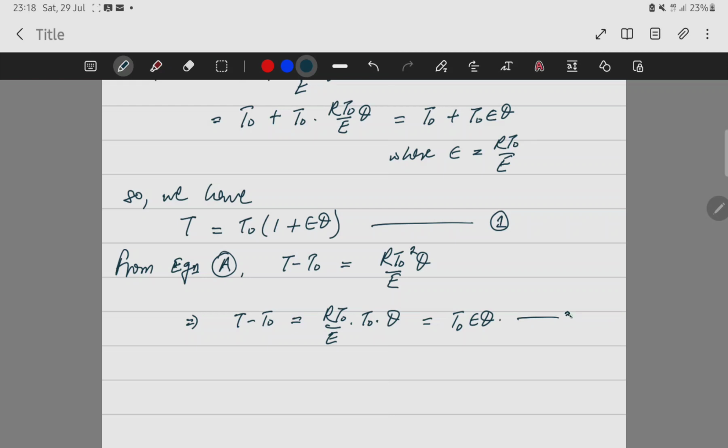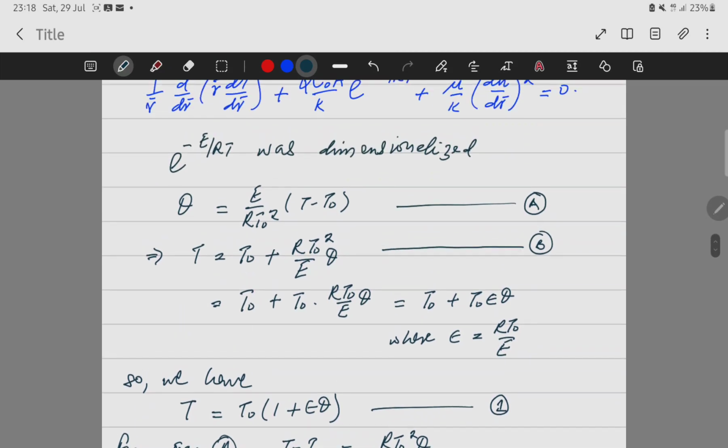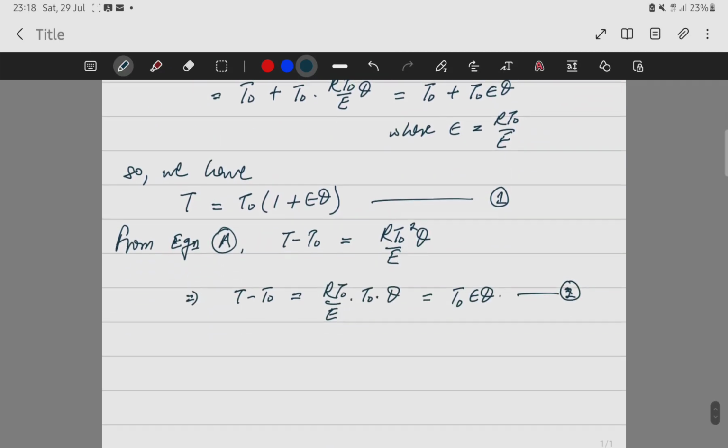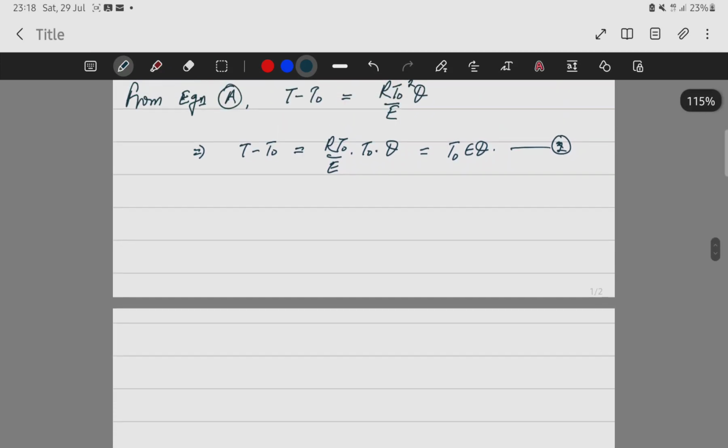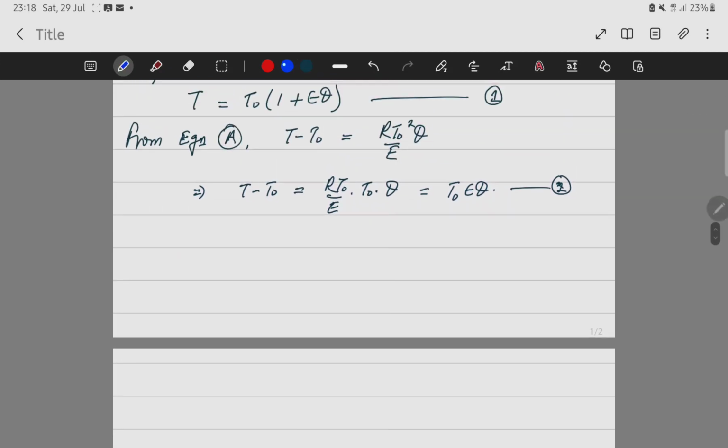So I'll call this one equation 2 because we need it in the non-dimensionalization of the term e raised to power minus E by RT. So we can now say that e raised to power minus E by RT can be written as e raised to power minus E by RT naught dot e raised to power E by RT naught times e raised to power minus E by RT.